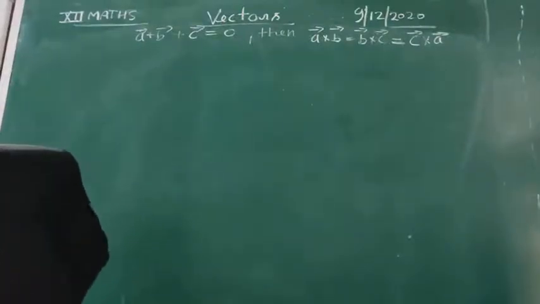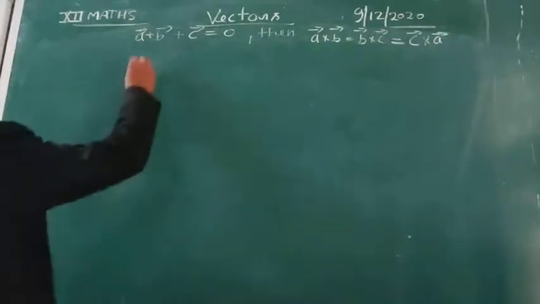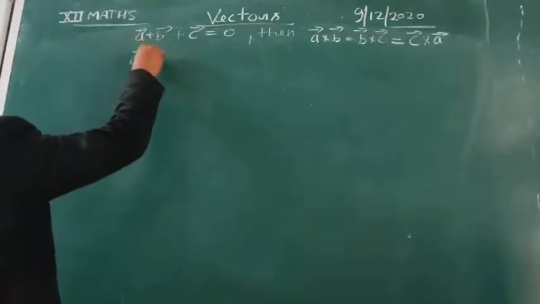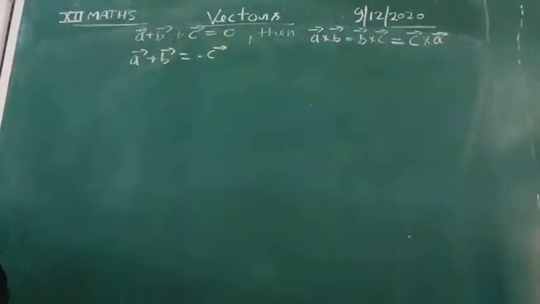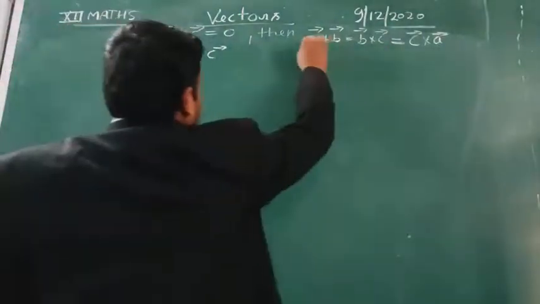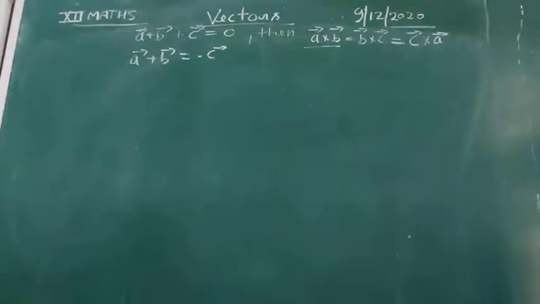So what we will do here, we will take this A plus B is equal to minus C. Okay, we can write this. Now we want A cross B, so we will take the cross product with B on both sides.